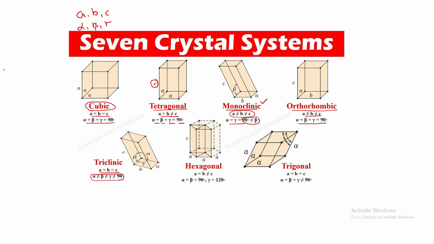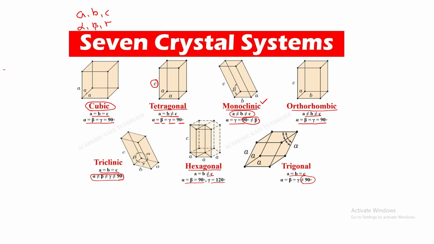Then there is the hexagonal crystal system in which a is equal to b but is not equal to c. So alpha is equal to beta is equal to 90 degrees and gamma is equal to 120 degrees. And then you have the trigonal crystal system in which a is equal to b is equal to c, and alpha, beta, gamma are equal, but these are not equal to 90 degrees.